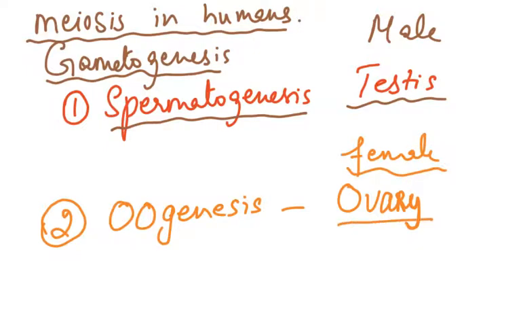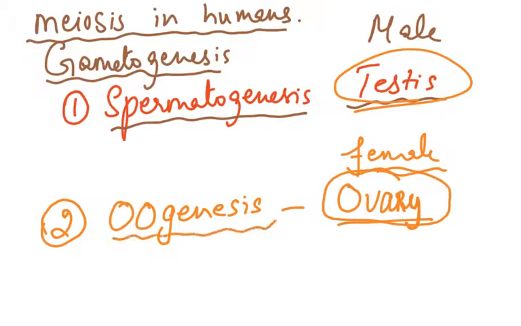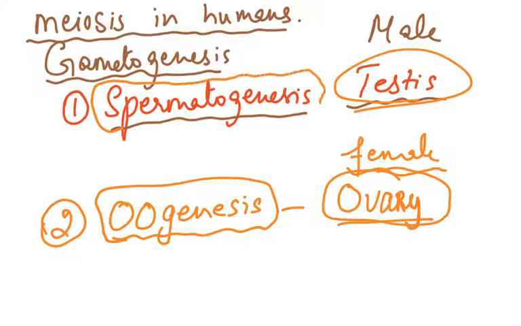So meiosis only takes place in the testes and in the ovary, and the process which takes place in the ovary is called oogenesis. These are the two names that we need to be very familiar with, comfortable using, and spelling. One is called spermatogenesis, and it makes sense because in the testes the gamete produced is a sperm.